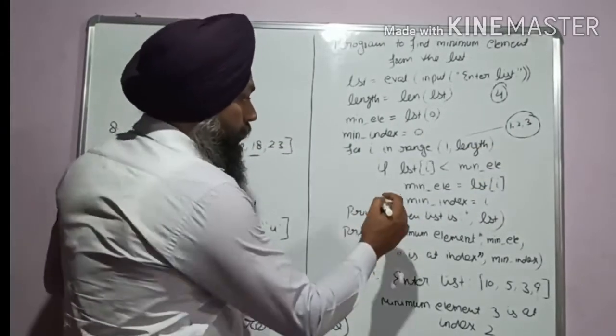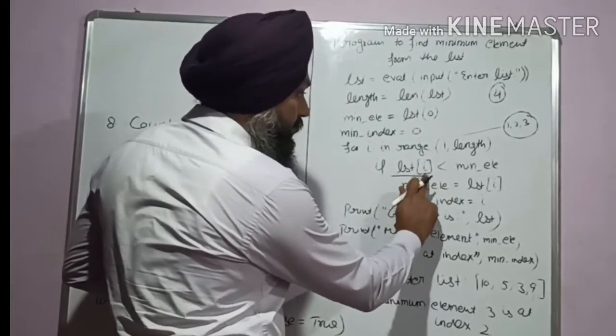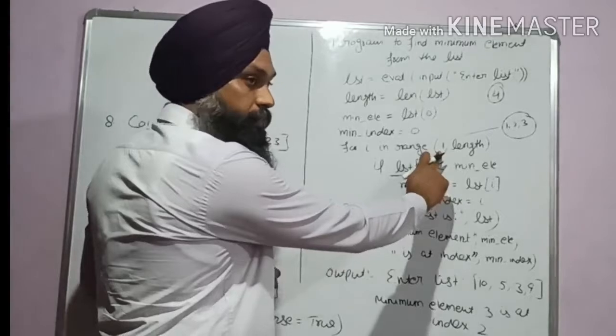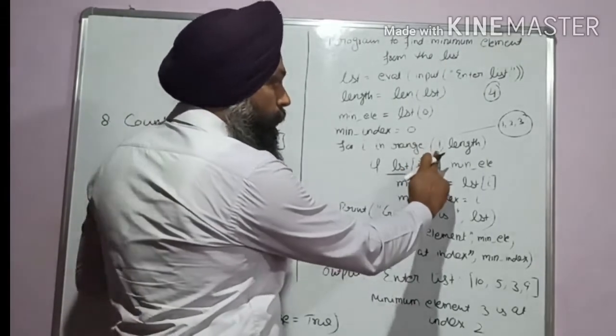Now, for the first iteration of the loop the value of i will be 1.